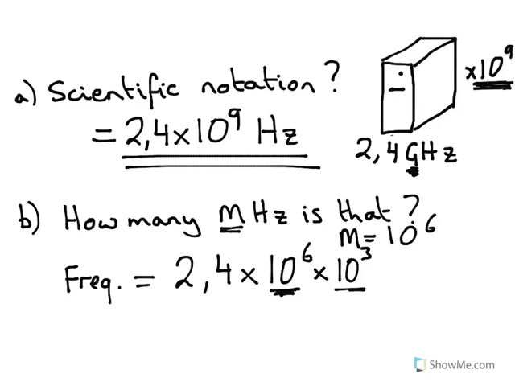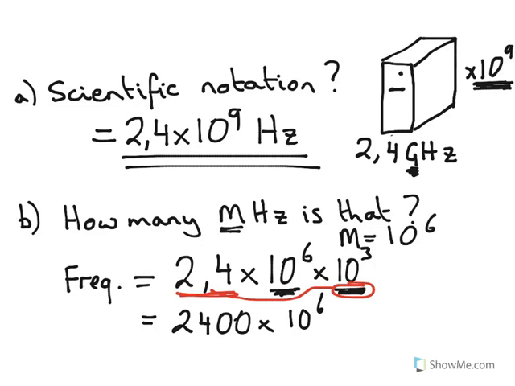We've got mega here, and we therefore have to take all of these 1,000 that are left and multiply them by 2.4. So 2.4 times 10 to the 3 would give us 2,400 times 10 to the 6. So we've just incorporated the 10 to the 3 in and multiplied it by our 2.4 to give us 2,400, and then the 10 to the 6 hasn't changed.